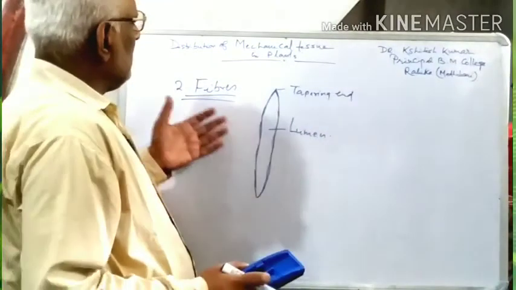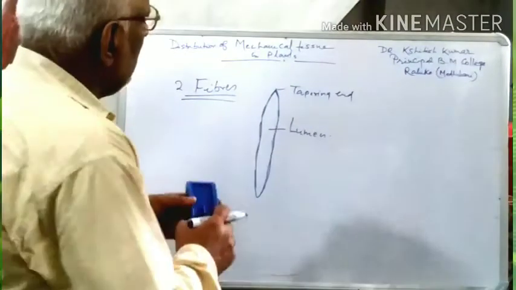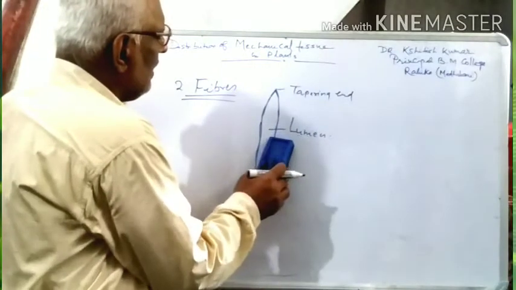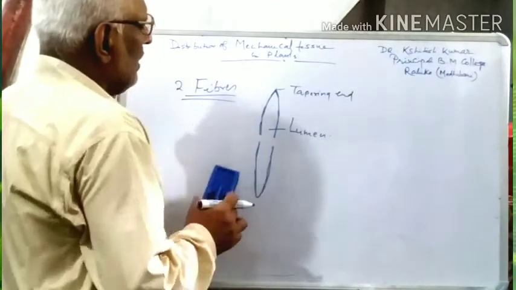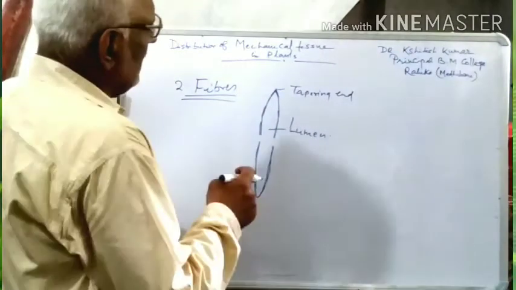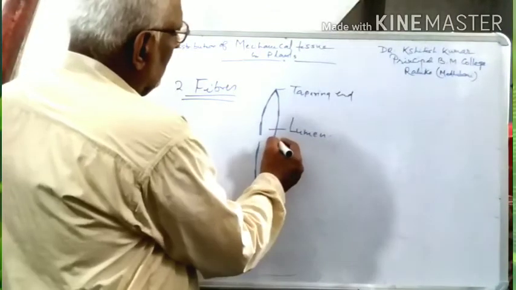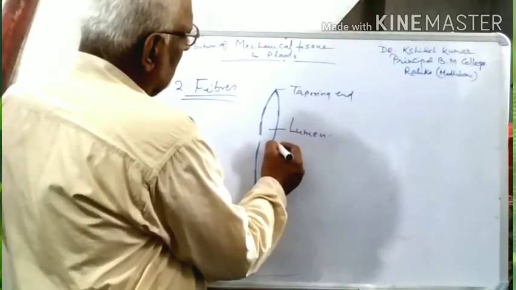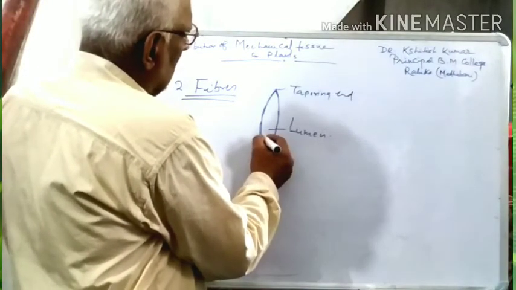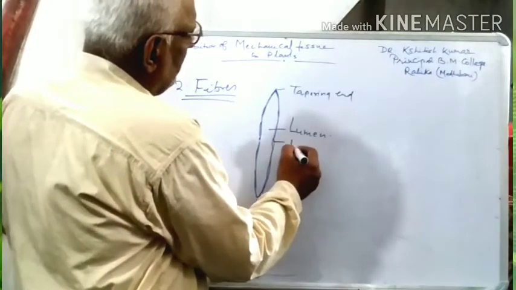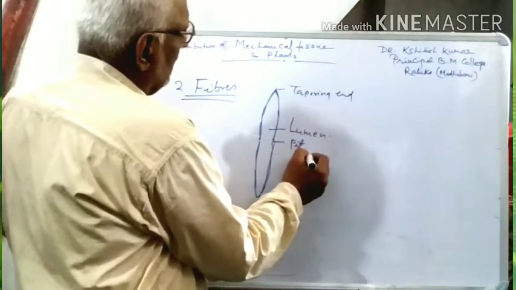So these are the fibers, and they have pits, bordered pits, found in the cell wall.